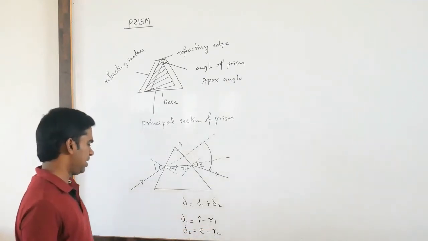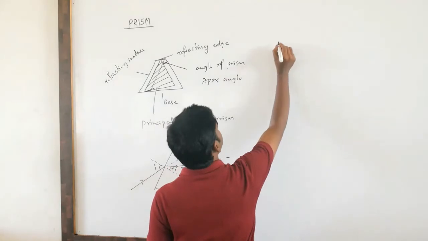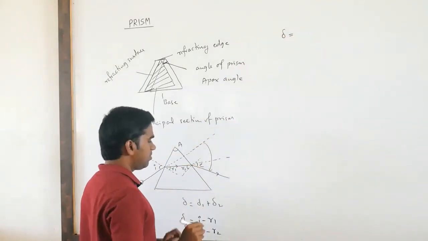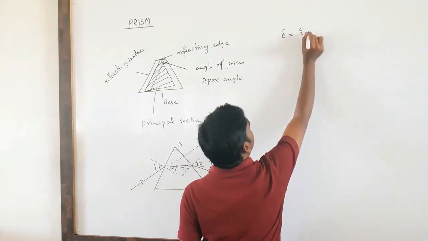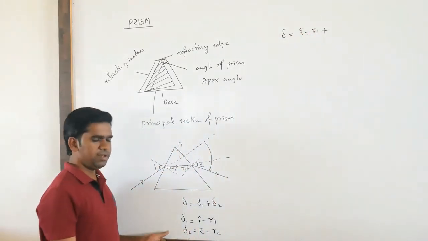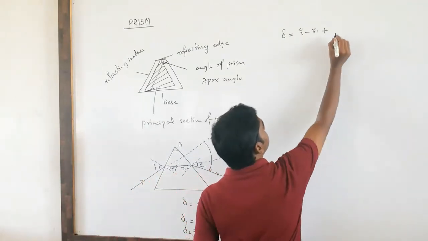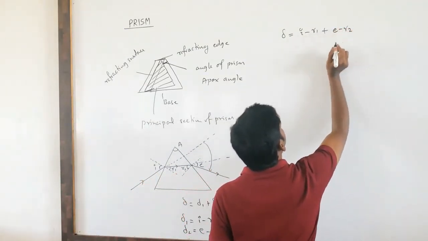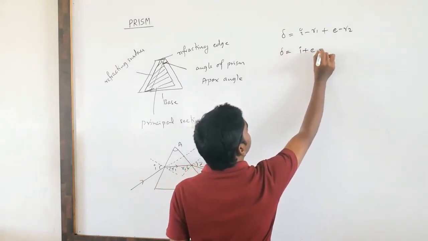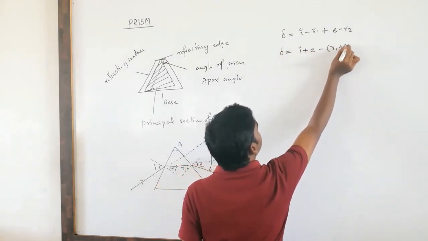Totally, delta equals delta 1 plus delta 2, which is I minus R1 plus E minus R2. So the total delta is I plus E minus (R1 plus R2).